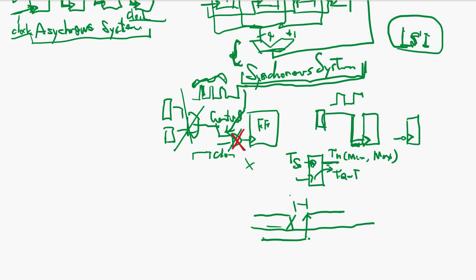This is the setup time. Then can the data change immediately after the rise of the clock? No, you can change the data only after the hold time. You have to keep the data held for a certain period after the rising edge of the clock, and this has a minimum and maximum, and the minimum sometimes becomes important.